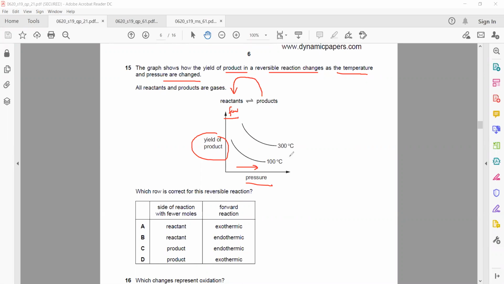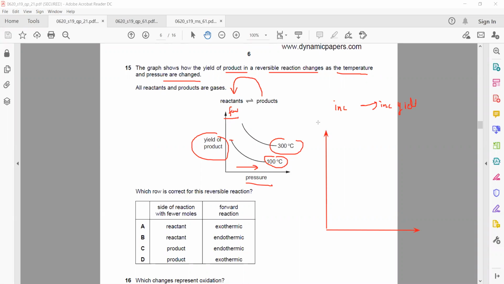And what about the effect of temperature? You can see at 100 you are getting a smaller yield, but at 300 you are getting a greater yield. So an increase in temperature increases the yield. It means the forward reaction is endothermic, because an increase in temperature shifts the equilibrium towards the side that favors high temperature.